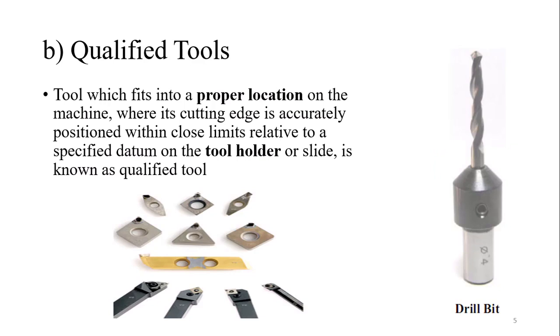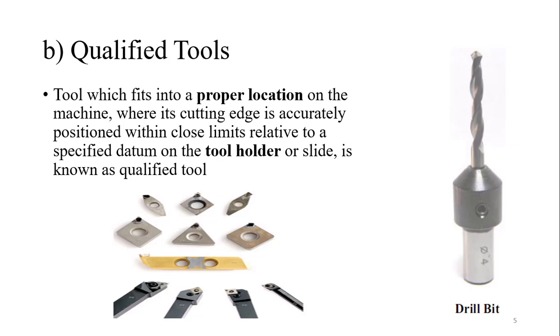Then the second classification is qualified tools, tools which fit into a proper location. It means they are already preset by the manufacturer only, like the drill bit that we have used at home, which is already set by the manufacturer. You just have to install it into the machine and you can use it.